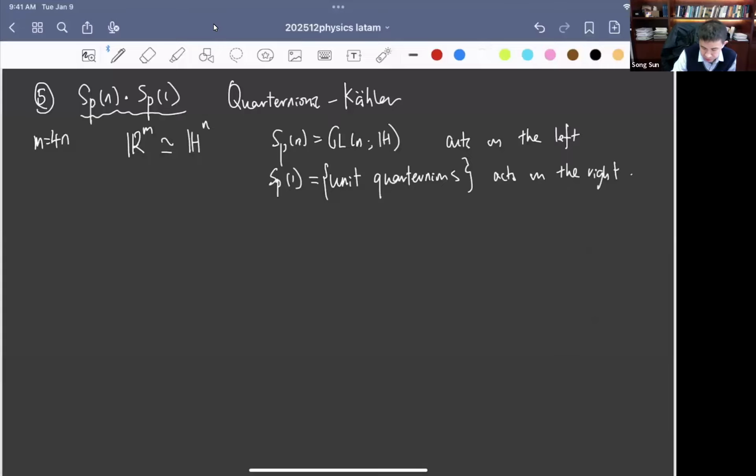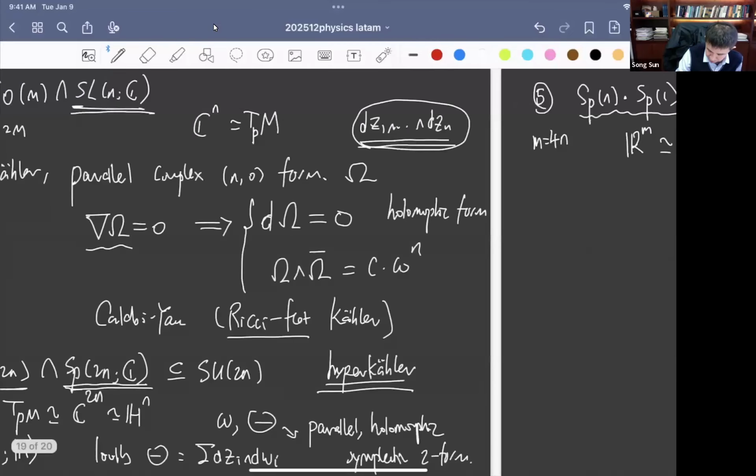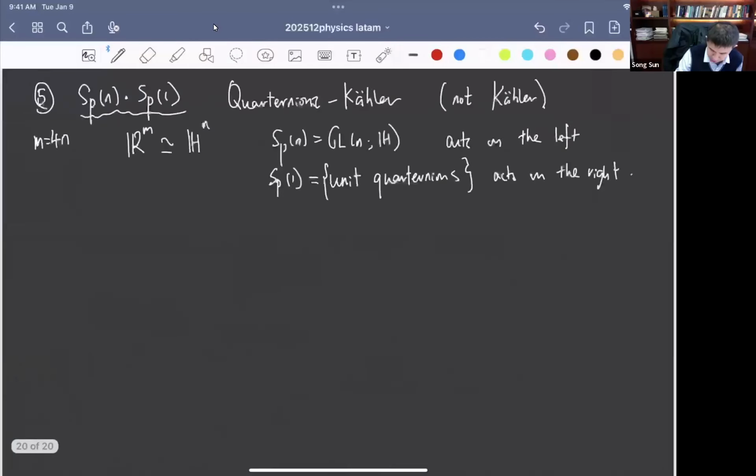This is not Kähler. This is not a subgroup of U(m), because you have this right Sp(1) action. It's different. And so numbers 4 and 5 are related to quaternions.